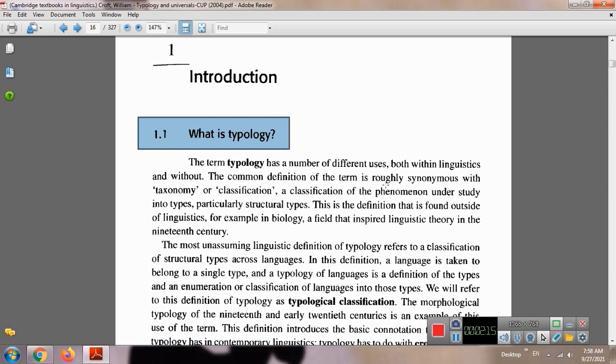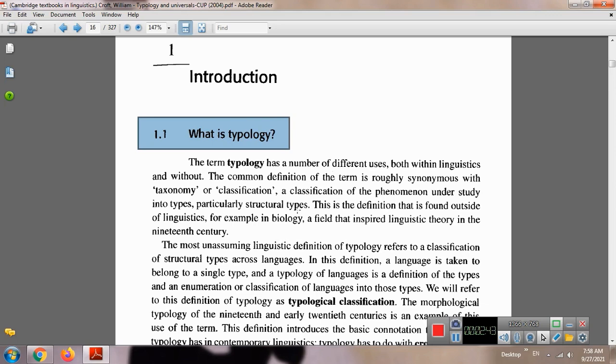The common definition of the term is roughly synonymous with taxonomy or classification, for example, a classification of the phenomenon under study into types, particularly structural types.